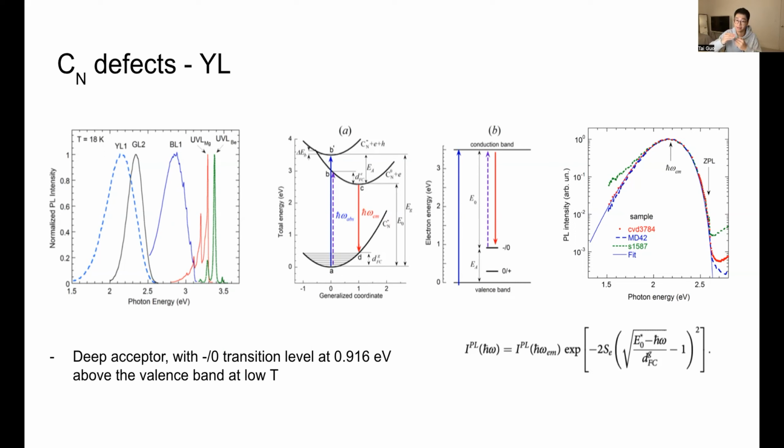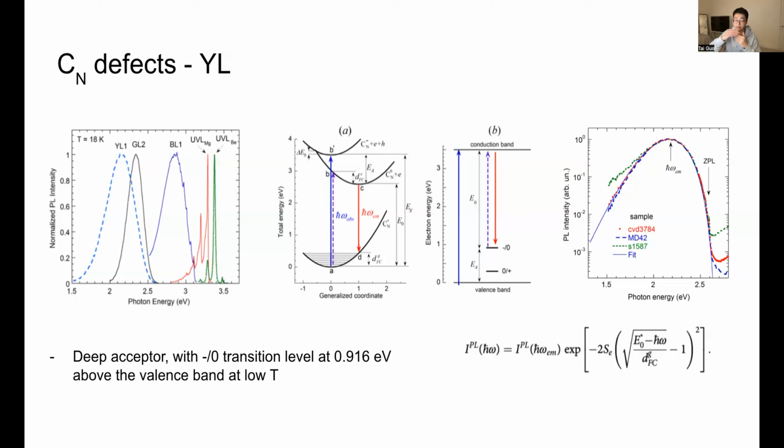When we shine a light on the sample, we excite electrons from the valence band to the conduction band, leaving some free holes in the valence band. Because the acceptor levels are negatively charged, they could easily attract those holes out of the valence band and capture them in the acceptor level.